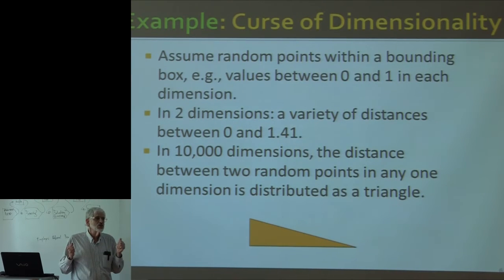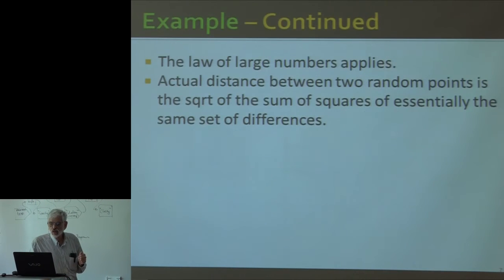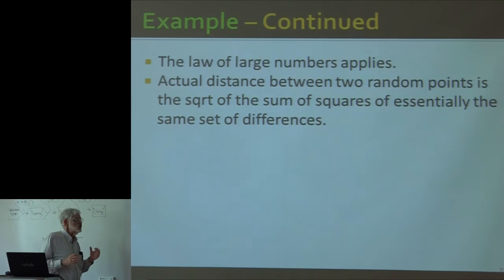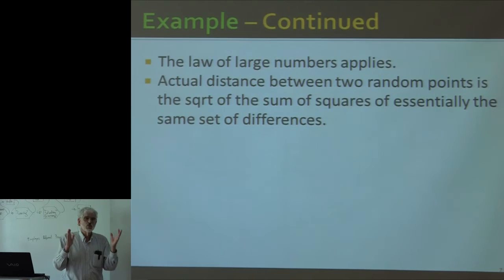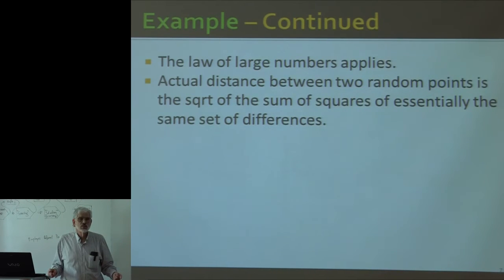Well, what does the law of large numbers tell you? What it says is you take any distribution, could be the triangle, could be Gaussian, could be Poisson, anything. If you take a large enough number of random variables distributed that way and sum them, what you get is a Gaussian.